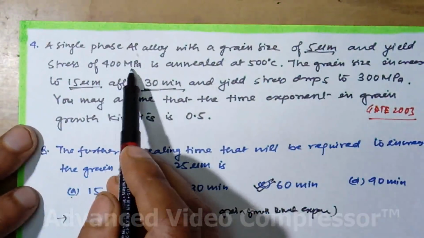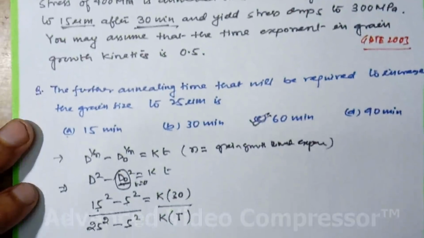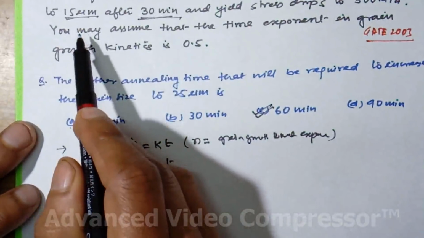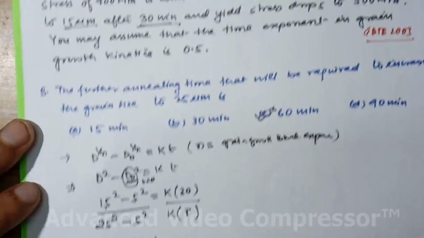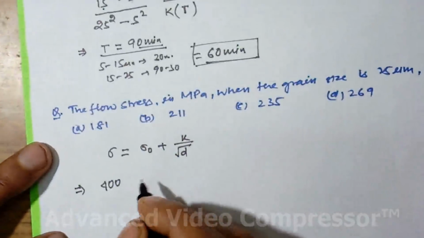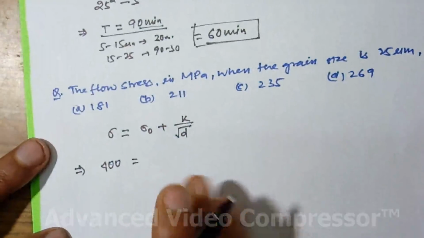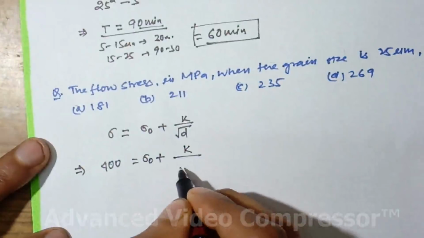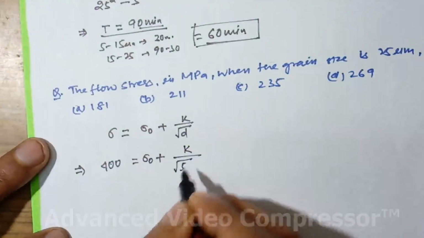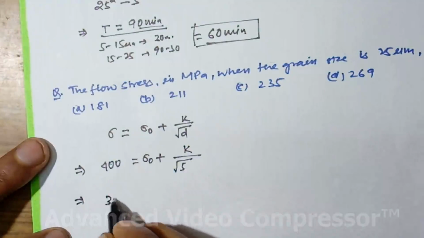Okay, and for 15 micrometer, yield strength drops to 300. So we'll put the values: 400 equals sigma naught plus k by root under 5, and second case 300 equal to sigma naught plus k by root under 15.